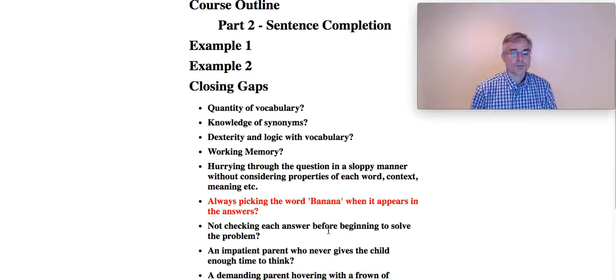Does your child always pick the word banana when it appears and then come up with some goofy, convoluted explanation as to why it's banana? And I'm not kidding you, that was my son's biggest problem. It could be your child likes to pick the first answer every time. It could be anything. And again, practice tests help you suss that out before the test.